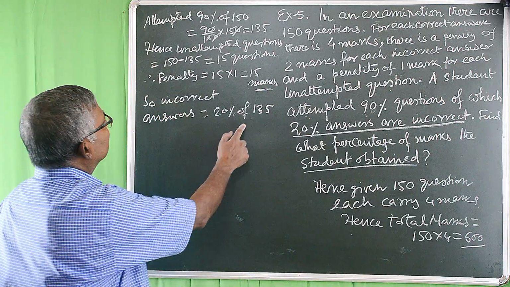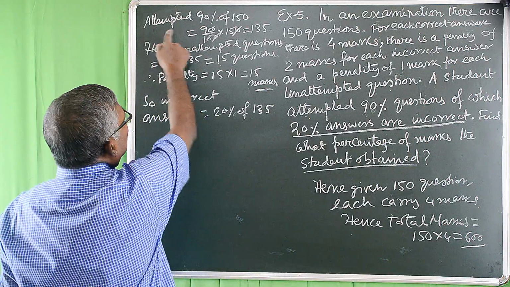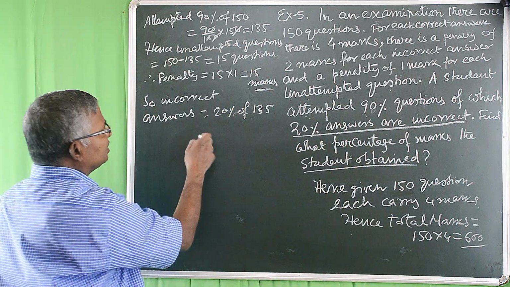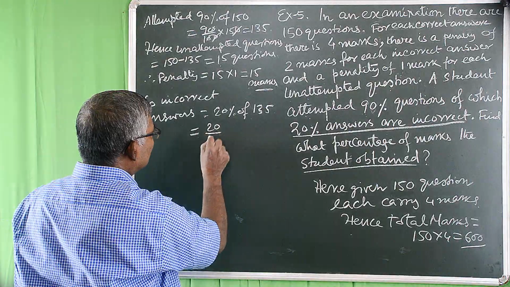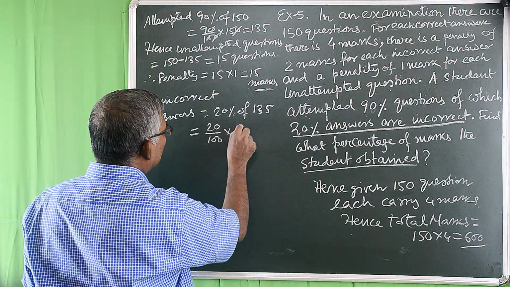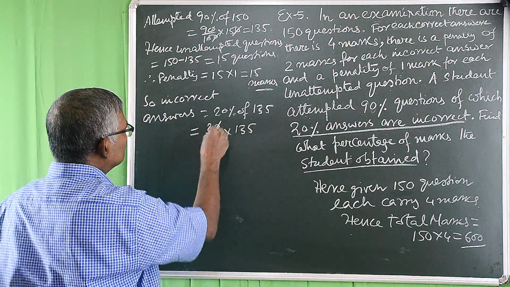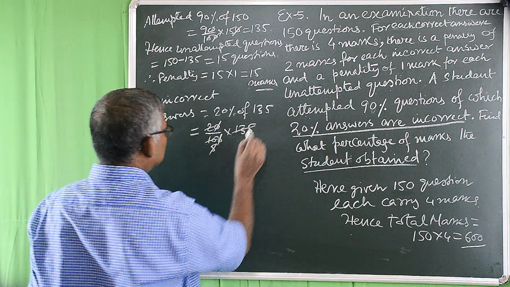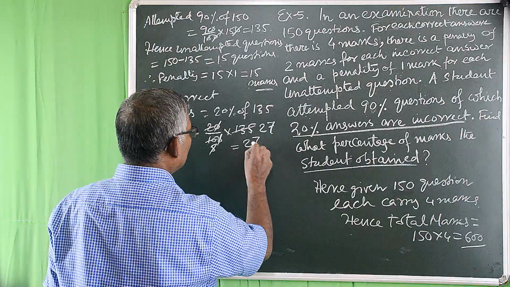Given that the student attempted 135 questions, out of which 20% incorrect equals 20 by 100 into 135 equals 27.